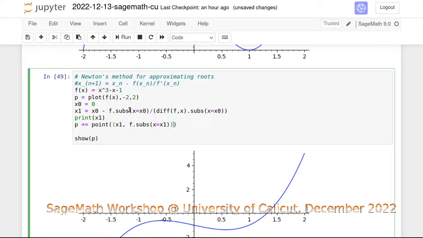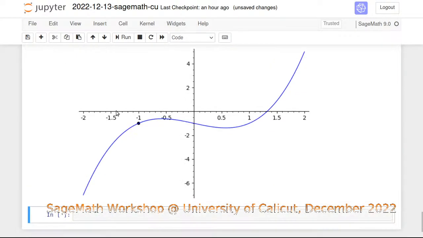Maybe the size is very small by default, take it to be some 30, and color black. So this is the point, and we can see that this is nowhere close to the approximation.